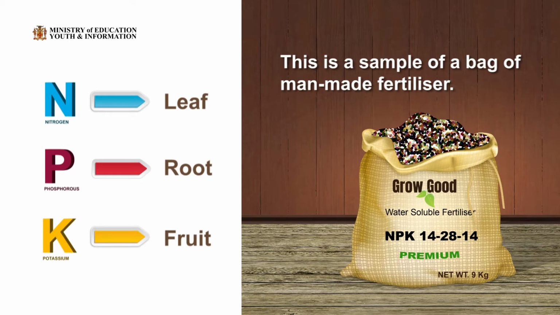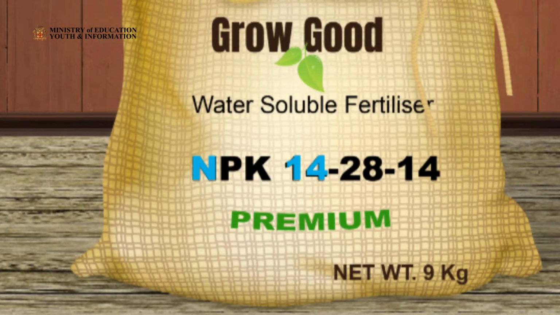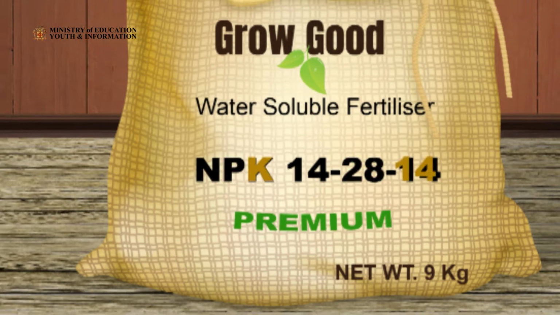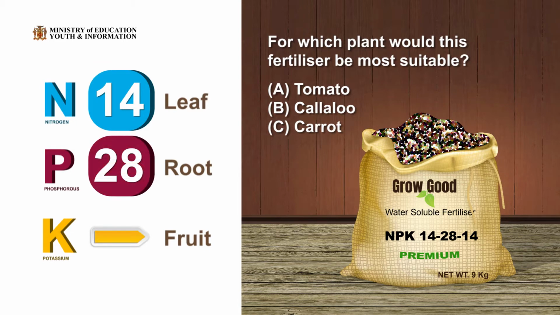So for example, I have with me a 14-28-14 fertilizer, meaning it has 14 parts nitrogen, 28 parts phosphorus, and 14 parts potassium. What do you think we are going to use this fertilizer for? Remember, nitrogen is responsible for leaf, phosphorus for root, and potassium for fruit.